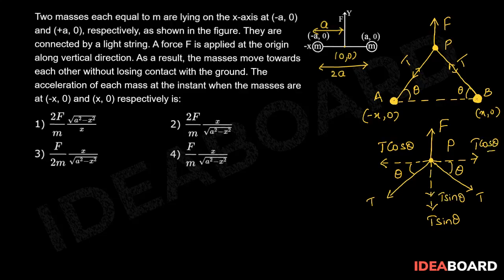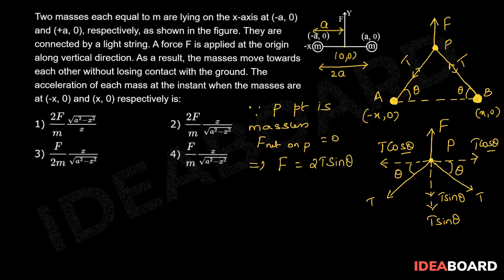The T cos theta components balance each other out, and since point P is massless, the net force acting on it should be equal to 0. Therefore, capital F should be equal to 2T sin theta. From this equation we can write T equal to F upon 2 sin theta.